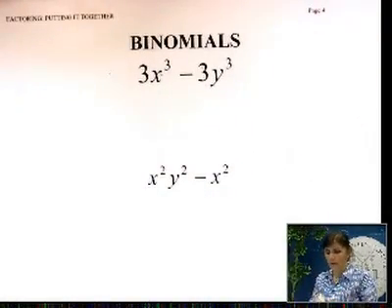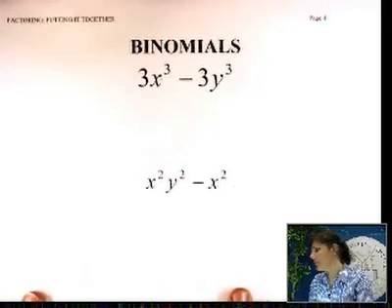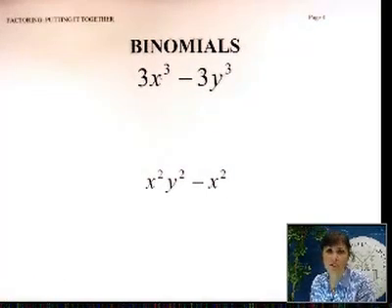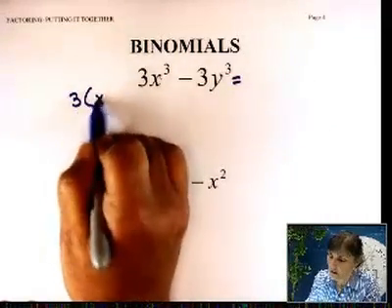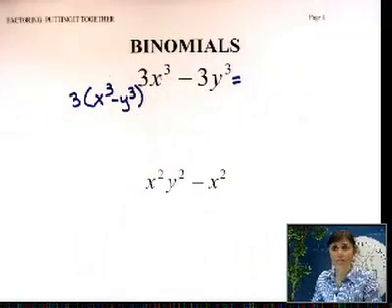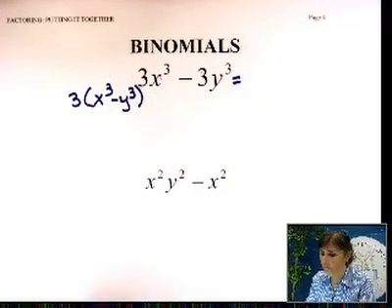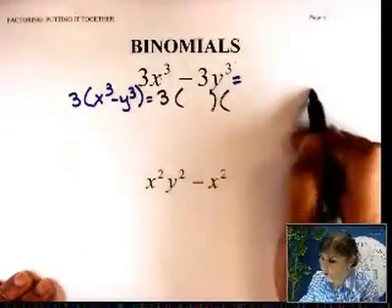How about binomials? Do you remember how binomials work? Now, we are putting it together, so I need to take the GCF out first. So let's do that. Now I have a difference of 2 cubes. I can do the formula. Now, how did the formula work?